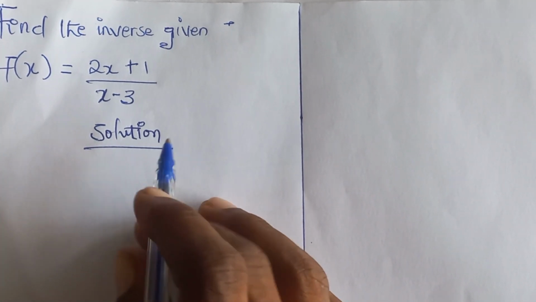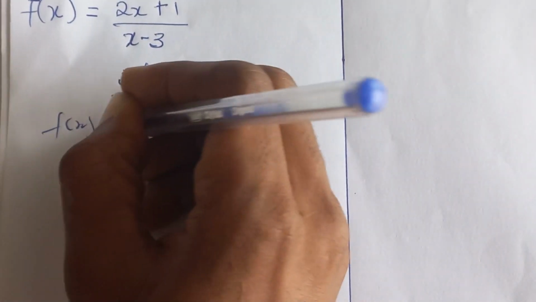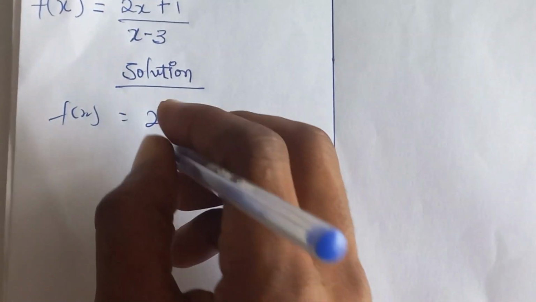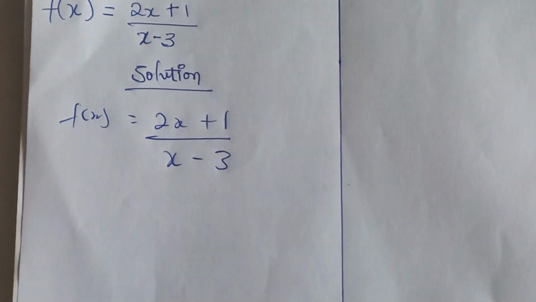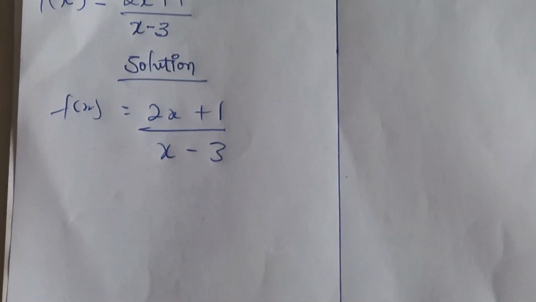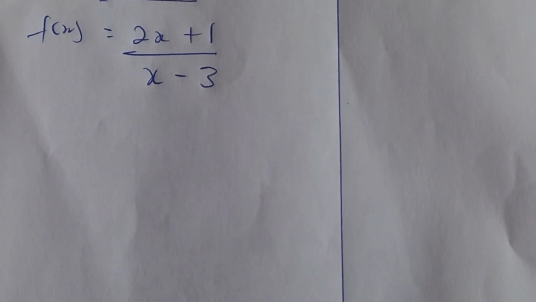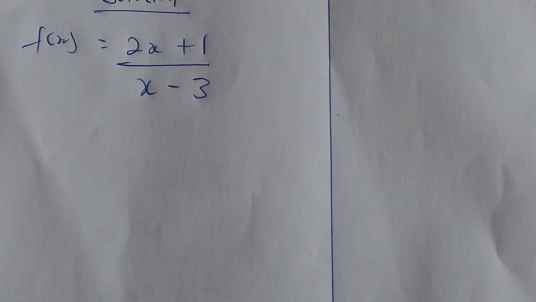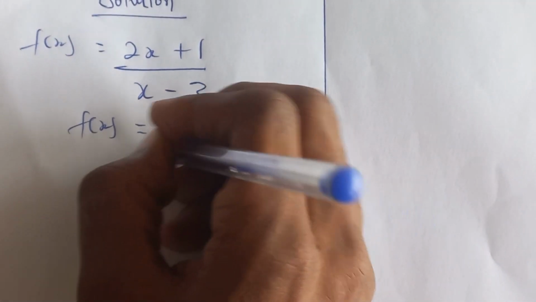3. Okay, so our function was given as f of x is equal to 2x plus 1 on x minus 3. Good. So first of all, what we must do is replace f of x with y. So you can say that f of x is equal to y.